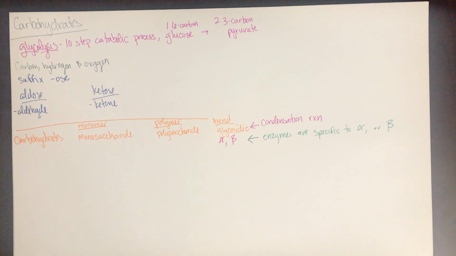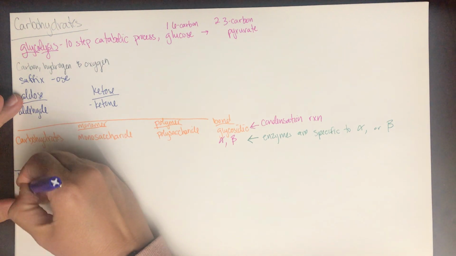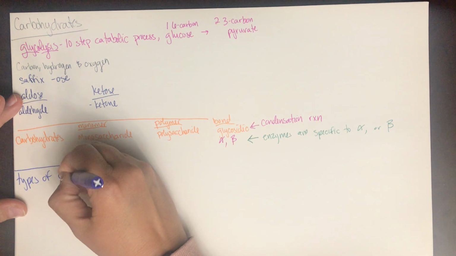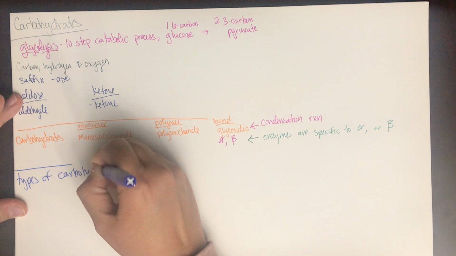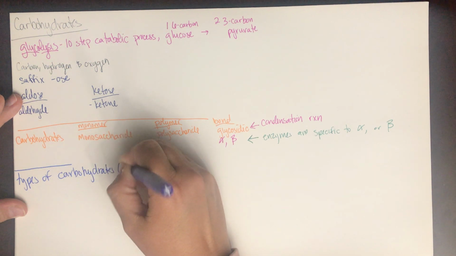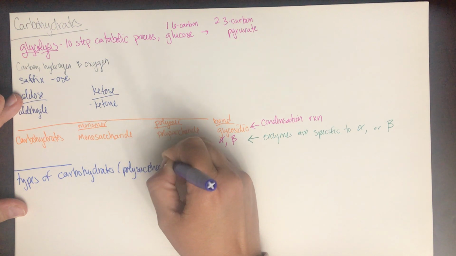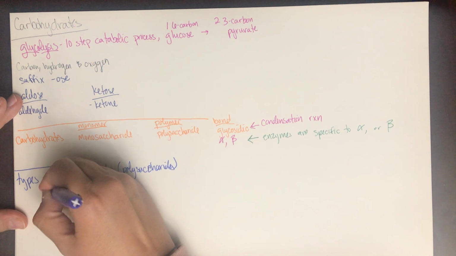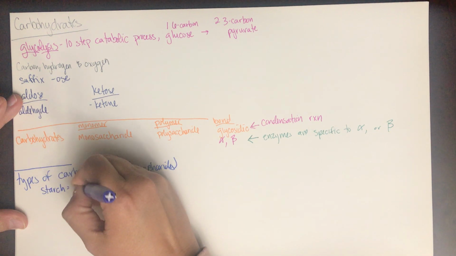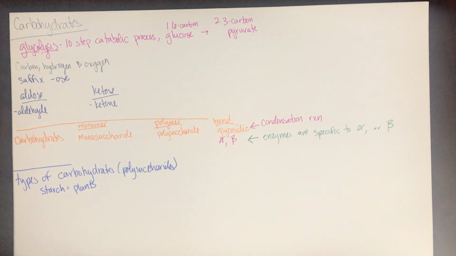So there's starches. Starches are how plants store carbohydrates. I'm just going to write polysaccharides. So starch is how plants store carbohydrates.